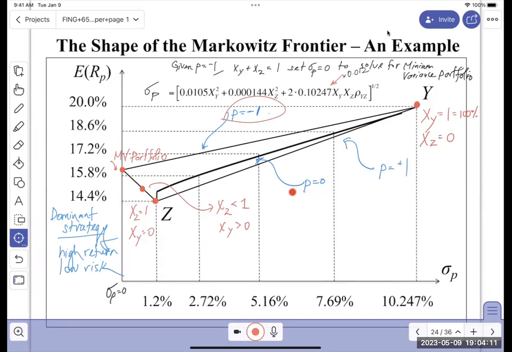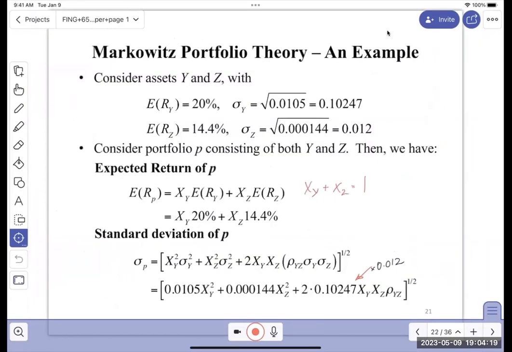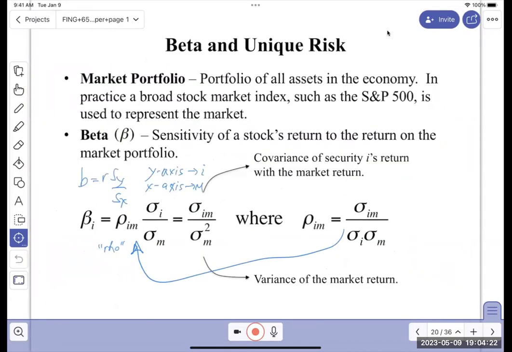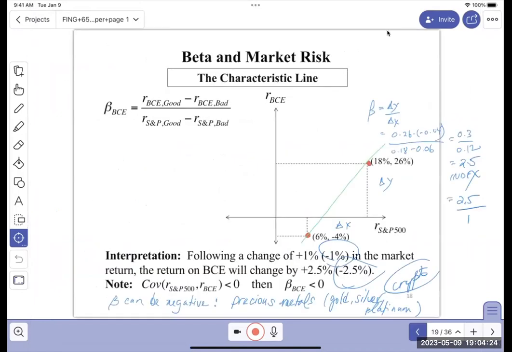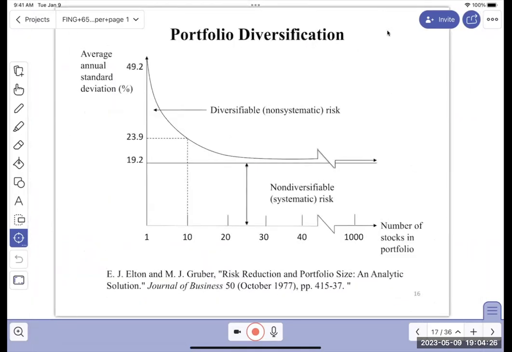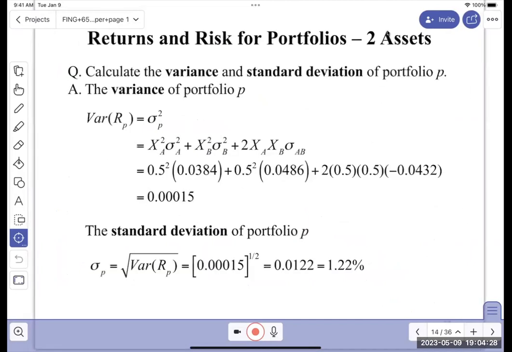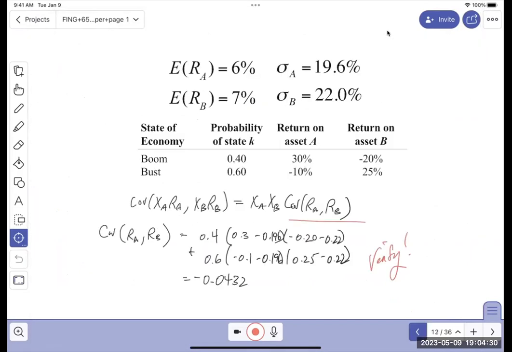Mixing doesn't remove risk. You have to remember the formula for the case where they're not correlated at all reduces to, where did I put it?